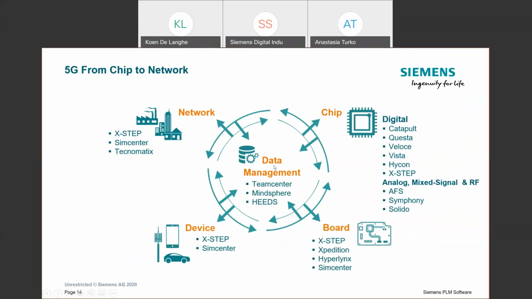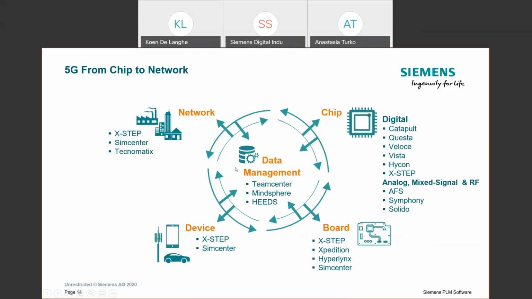Okay, and of course including data management behind that. So we have a range of solutions that you can use for developing the chip, the board, like Expedition, Hyperlinks, SimCenter as well. Also device level, like an electronic device, where you can use SimCenter for many applications like structural electromagnetic, but also at network level.